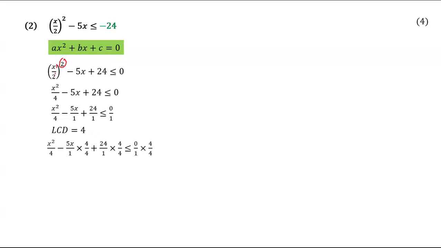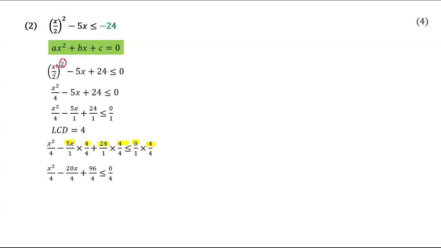The first term, obviously, will remain the same. The second term, numerator times numerator. So it's 5 times 4. 5 times 4 will give you 20. So that will be 20x. 24 times 4 will give you 96. And 0 times 4 will give you 0. In the numerators, when you simplify further, this is what you will end up getting.